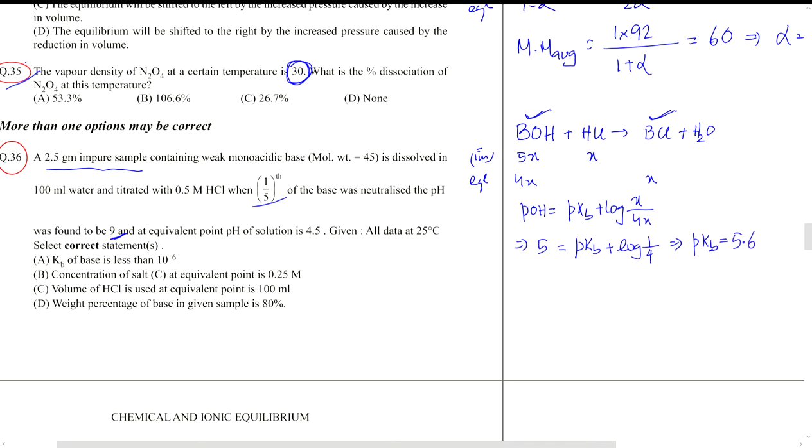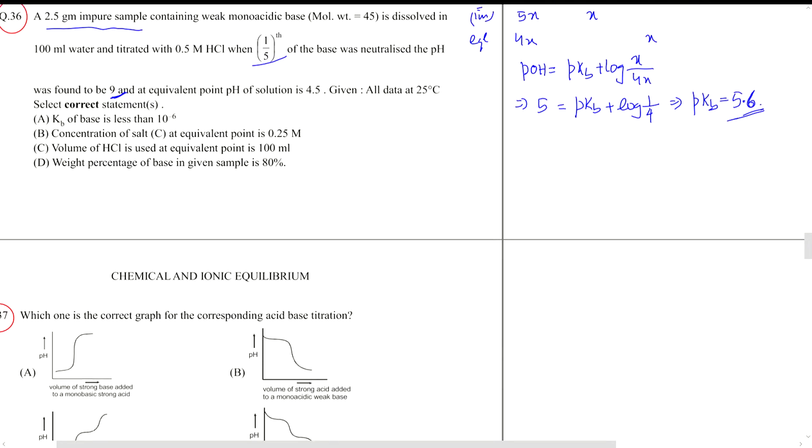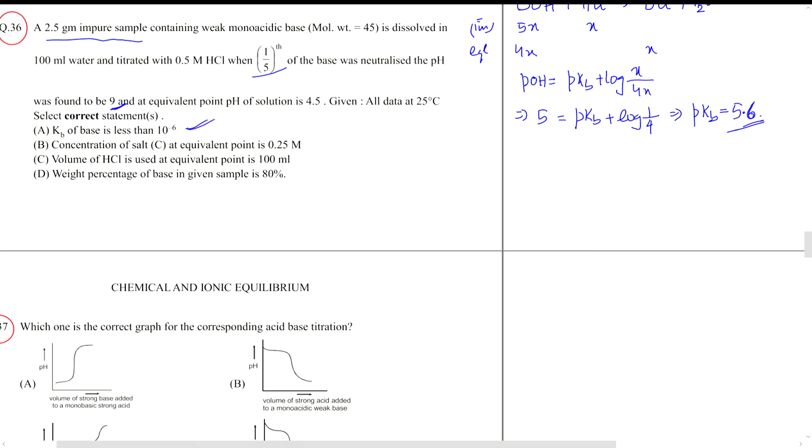For the first part, we found the value of pKb. It's 5.6. That's one of the questions asked, the value of Kb. The second question is the concentration of salt at the equivalence point.